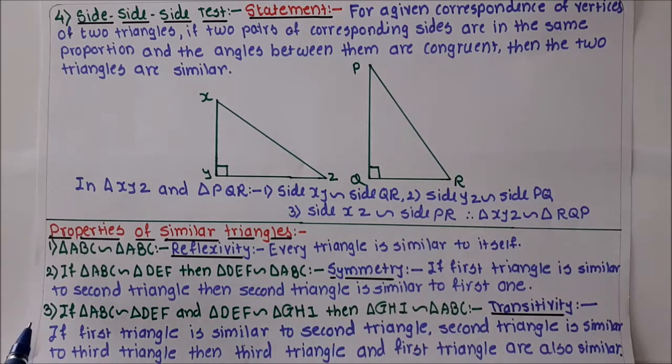According to transitivity, if the first triangle is similar to the second triangle and the second is similar to the third triangle, then the third triangle and first triangle are also similar. Here, if triangle ABC is similar to triangle DEF and triangle DEF is similar with triangle GHI, then triangle GHI is similar with triangle ABC.